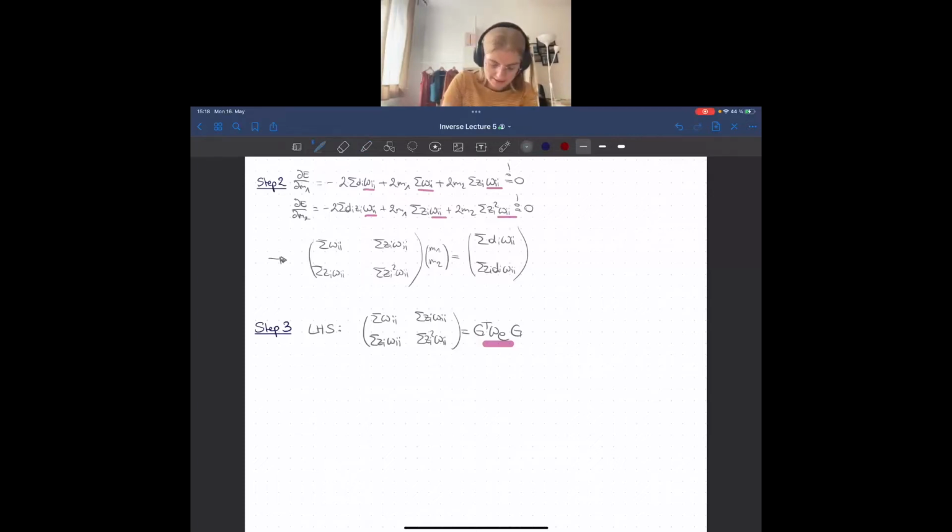So for the right-hand side, we have that the sum di omega i, and then with the z, is nothing else than G transposed omega E d.